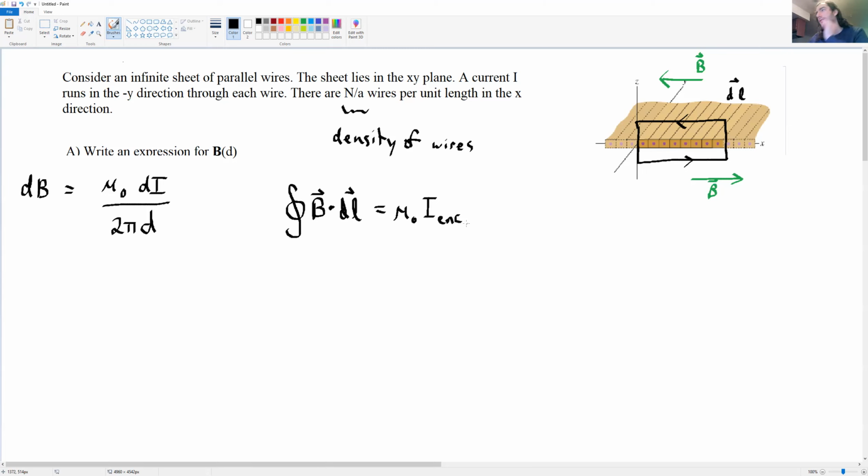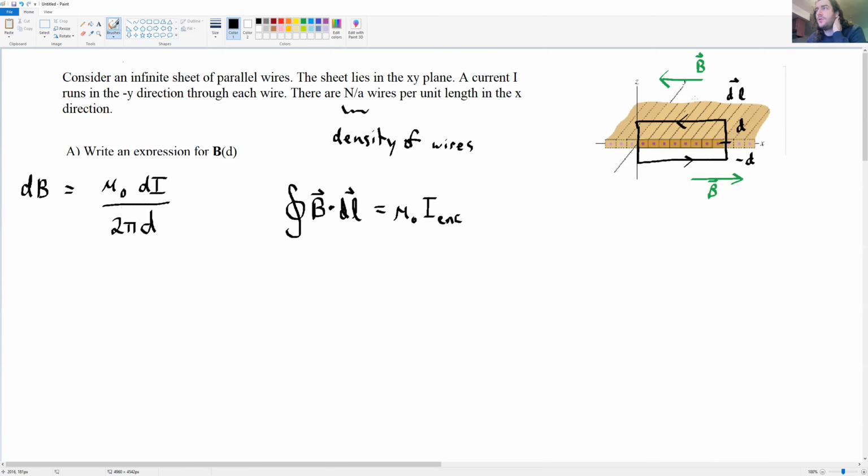Okay, so if I have a loop, let's say we're a distance d away. Let's say this is the center of the loop right here in the middle of the sheet. Let's say we're a distance either plus d above the sheet or minus d below the sheet.